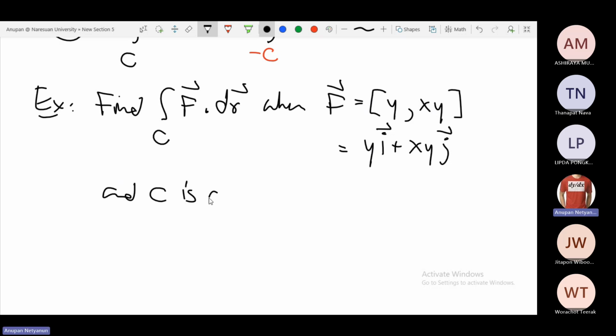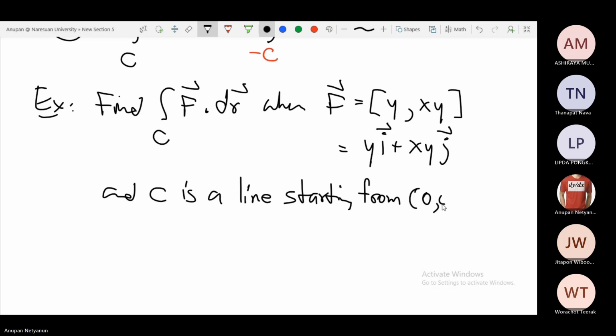a line starting from 0, 0 to 1, 1. Okay.